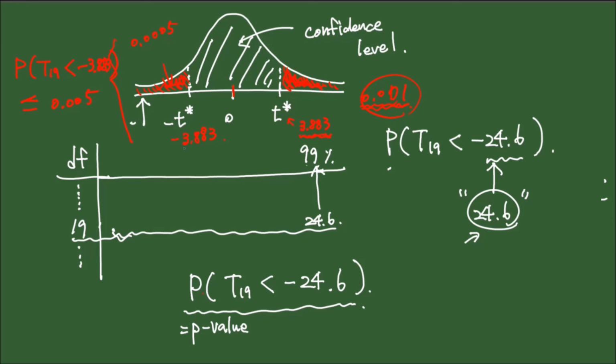Because I know this is less than negative 3.8, I definitely can say that this probability is less than the probability that T19 is less than negative 3.883, which is 0.0005.